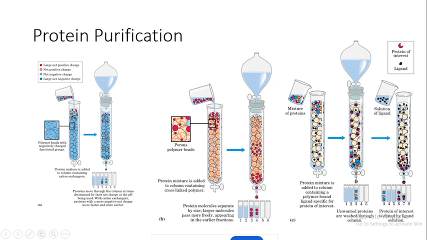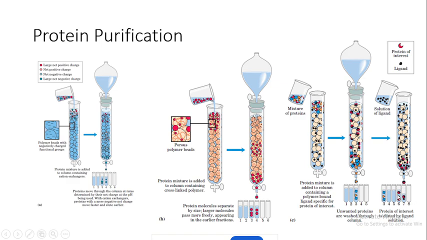Other antibodies will pass through, right? Other antibodies will be washed away. So only the specific antibody will be trapped here, and later you can elute that specific antibody by using an elution solution, right?